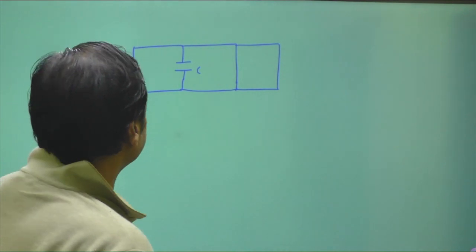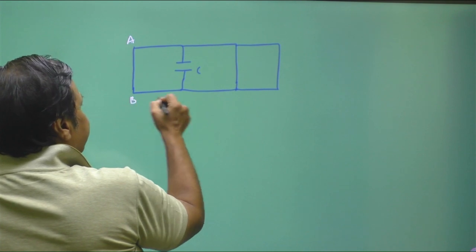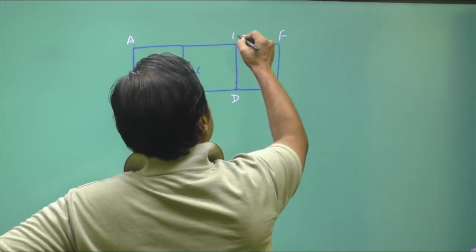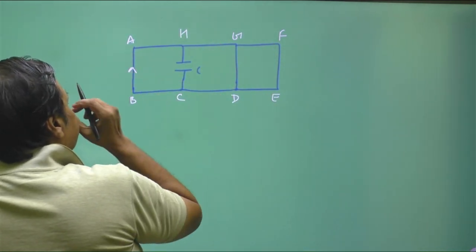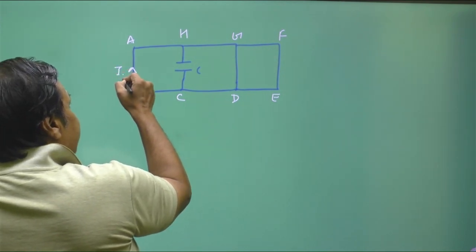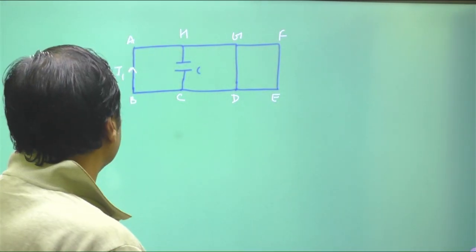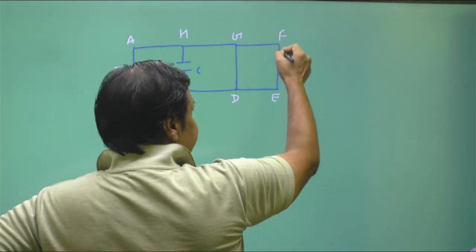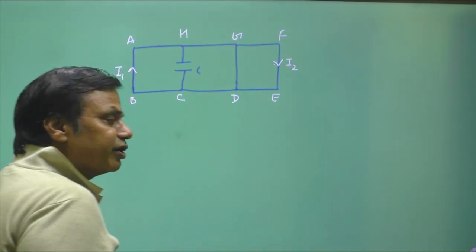The points are named A, B, C, D, E, F, G and H, and the current is going to flow in this wire AB. I just assumed its value may be I1 and its direction is correct. And in this wire FE, the current will flow in this direction, and I named it I2.